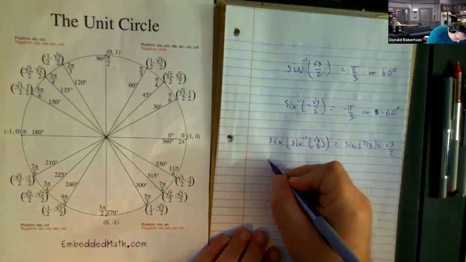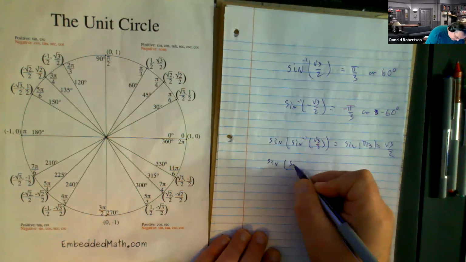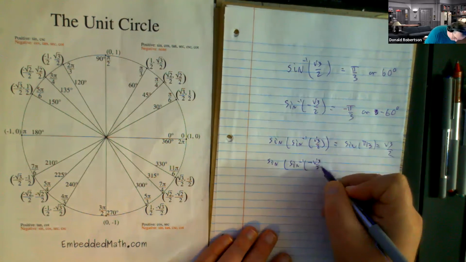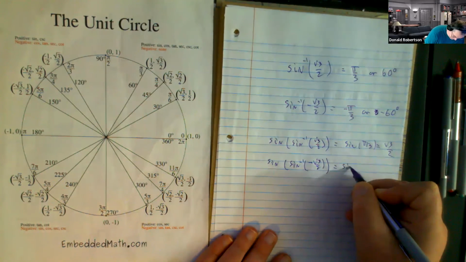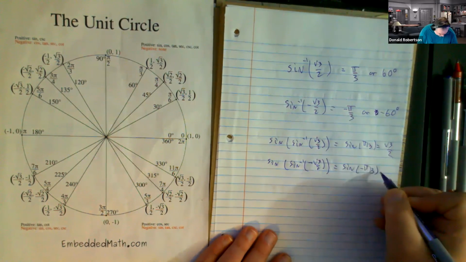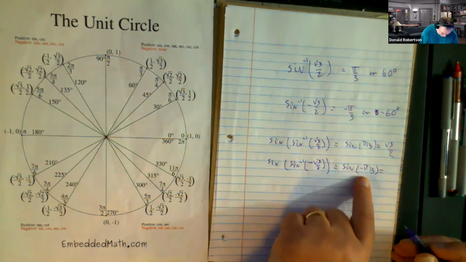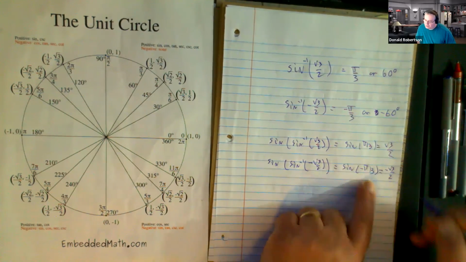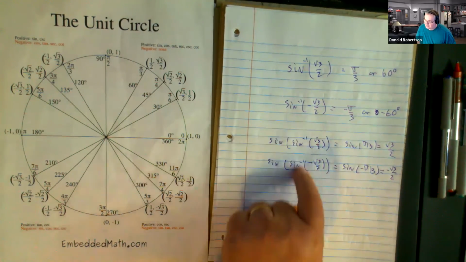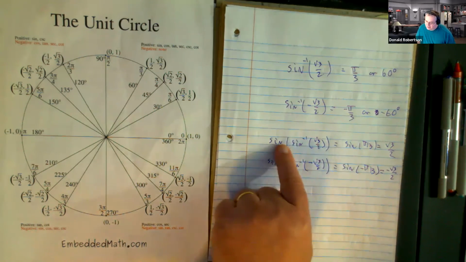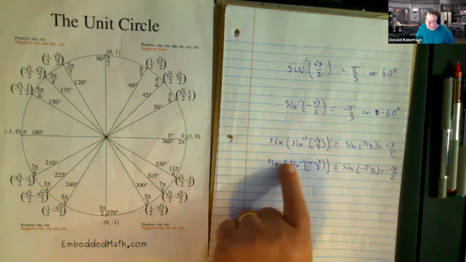Now, if I said to you the sine of the inverse sine of negative root 3 upon 2, then that is that guy. And what is the sine of this guy? Right. So these work. They cancel out, you get the guy you started with. These two work.